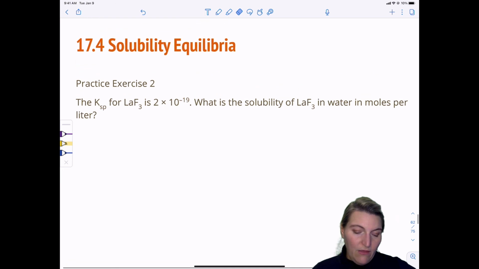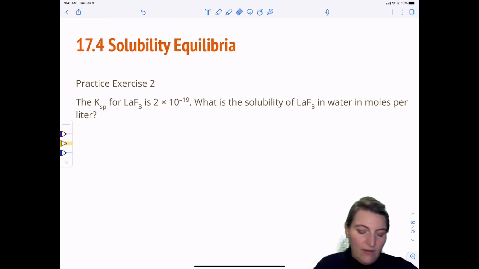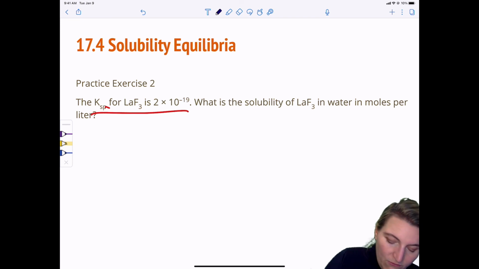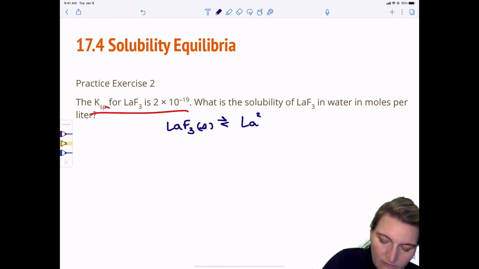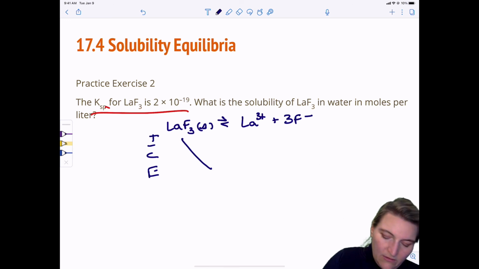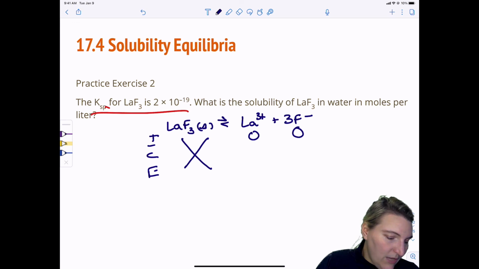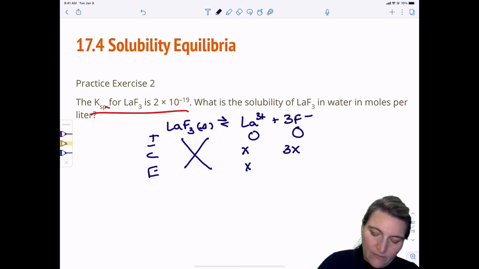And then the final question, this is another one where here's the Ksp, and the question is asking what's the solubility in water? So we write a balanced chemical equation for this. This will be, they start out with 0. If this guy goes up by x, this guy will go up by 3x.